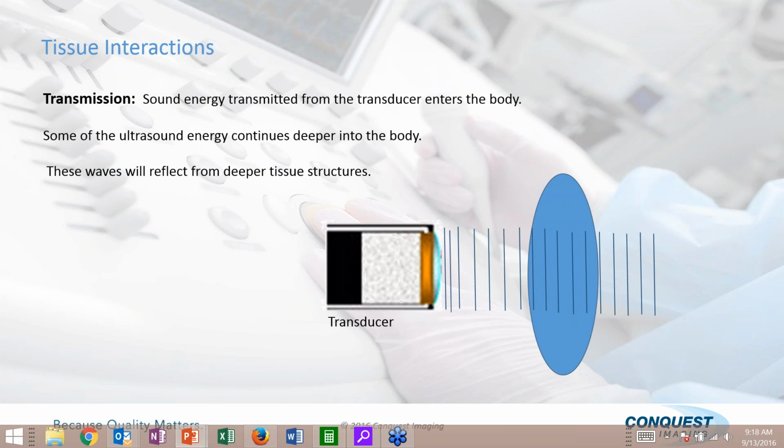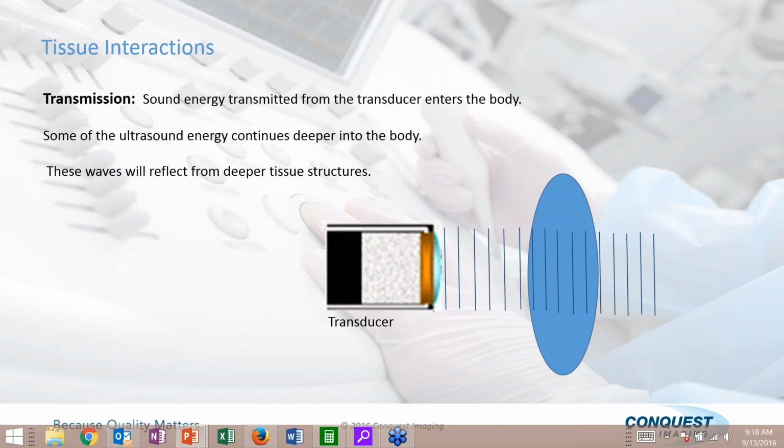Transmission is important. When we send sound into the body, we want the sound to reflect off of structures, but we also want it to go through structures. Otherwise, we would only see the first layer of tissue that the sound is hitting. All that sound would reflect back, and we would just see the superficial tissue barrier. We want to see through the body as well.